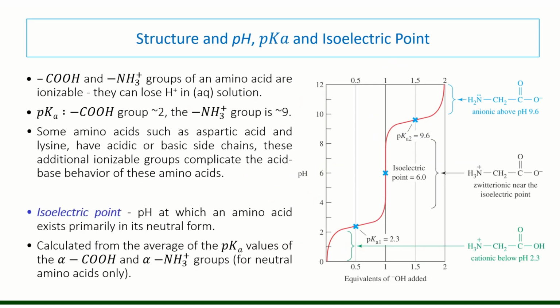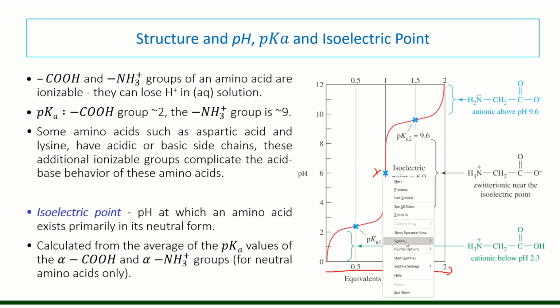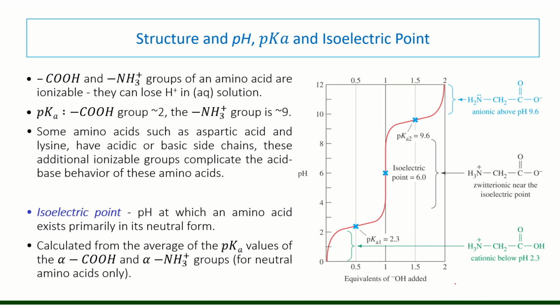If we titrate our acid, a typical titration of our acid with some hydroxide, for example, so as you can see this increased basicity, we get to an isoelectric point. The isoelectric point is the zwitterionic form.